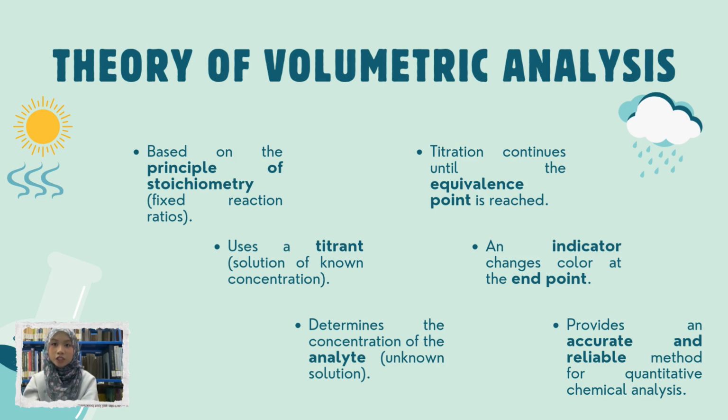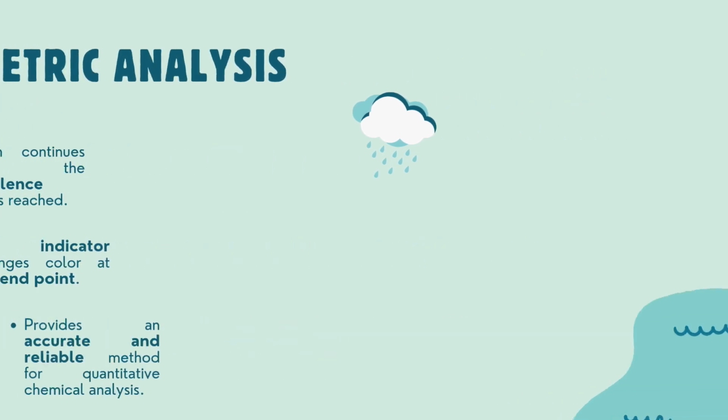The process continues until the equivalence point is reached, which is the exact moment when the reaction is complete. To help us identify this point, we can use an indicator that changes color at the end point, signaling that the titration is finished. This theory makes volumetric analysis one of the most reliable methods in analytical chemistry.